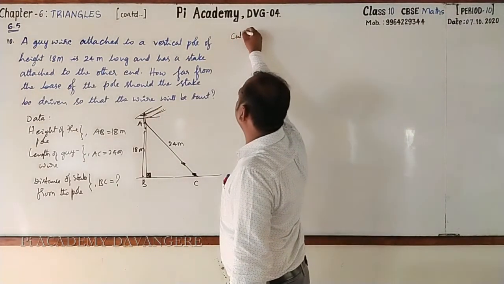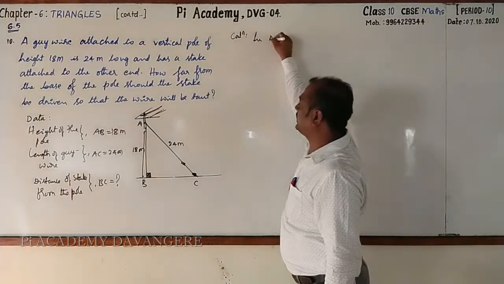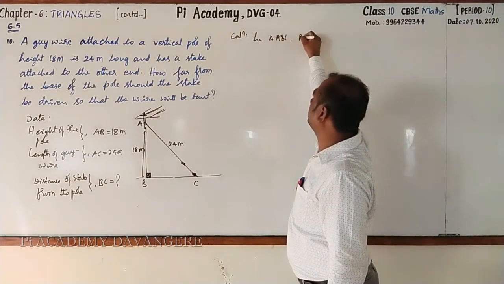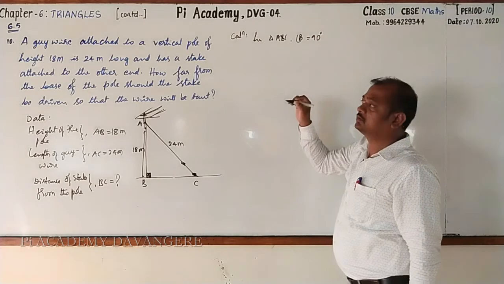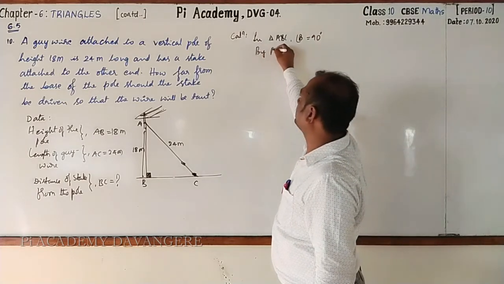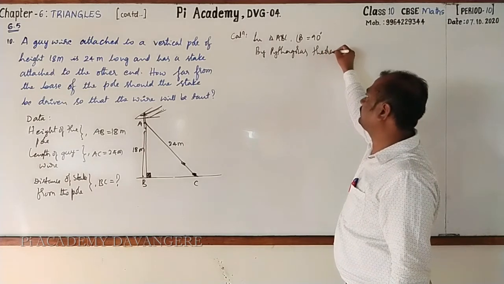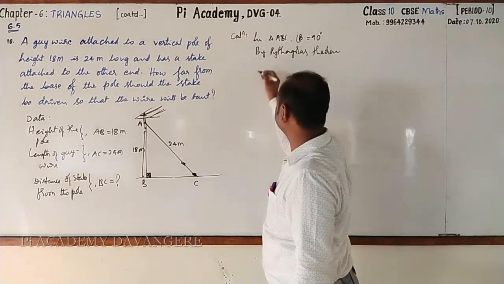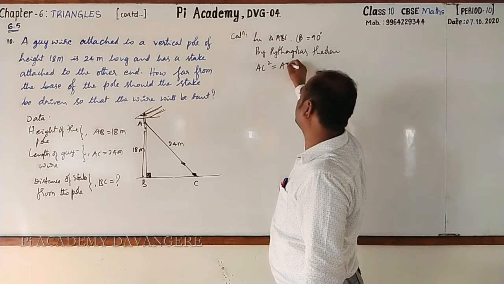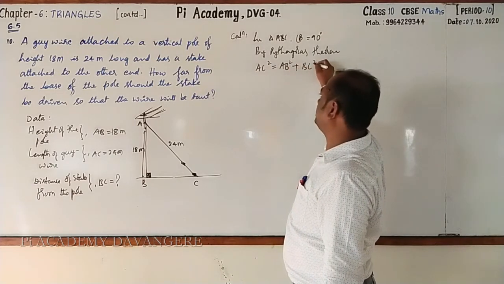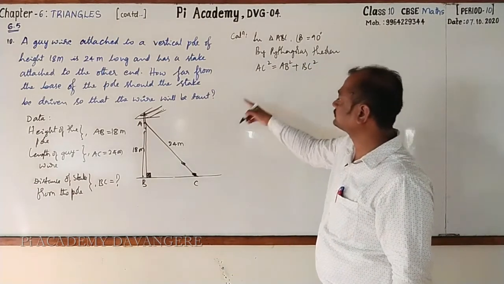Let's go for calculation. In triangle ABC, angle B is 90 degree, right? Use Pythagoras theorem. By Pythagoras theorem, yes, start writing with me. How do you write? It is AC square equal to AB square plus BC square. Substitute.